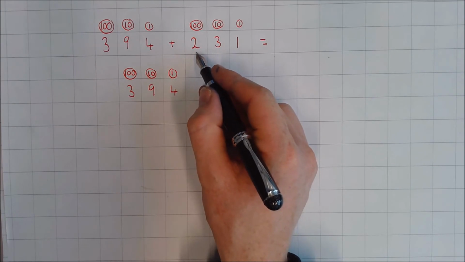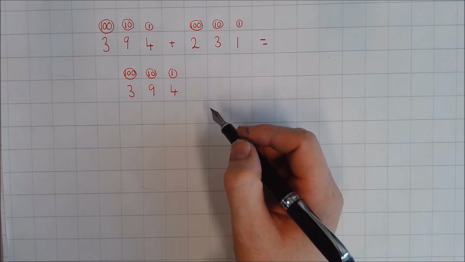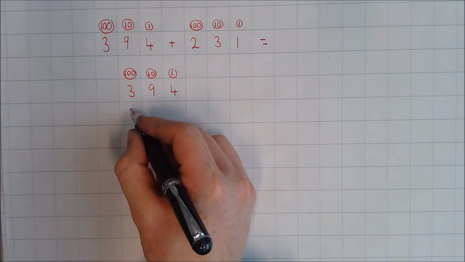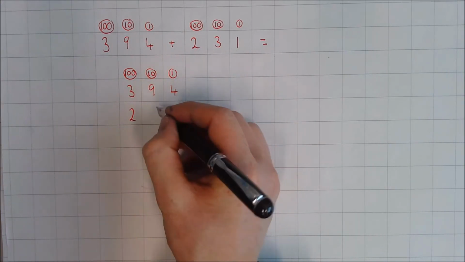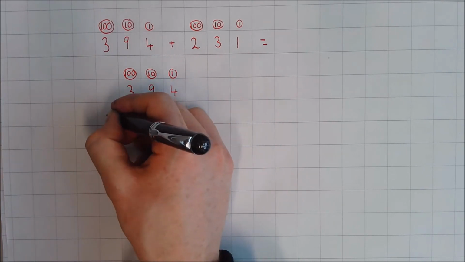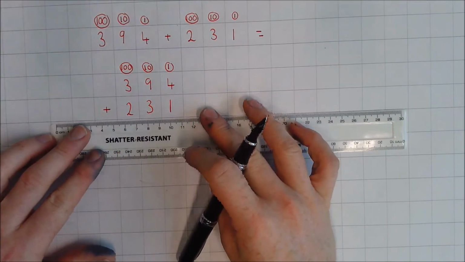Where will this 2 go in this calculation? You're right, the 2 is 200, so it goes under the hundreds. That makes the rest really easy to line up. Don't forget our symbol so we don't forget which operation we're doing. Then we're going to get our ruler, because we're going to keep it nice and neat.